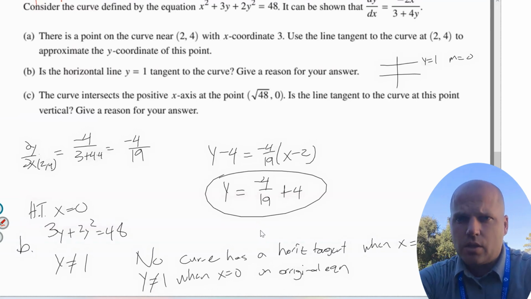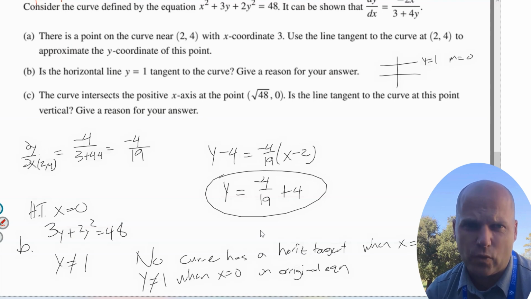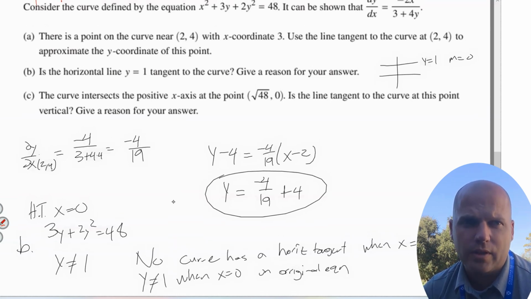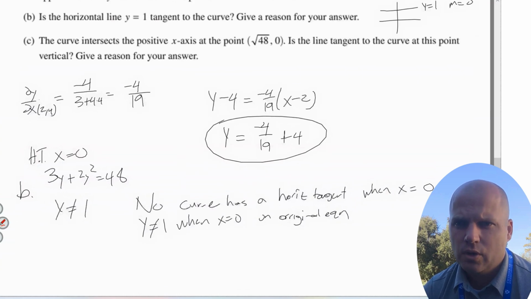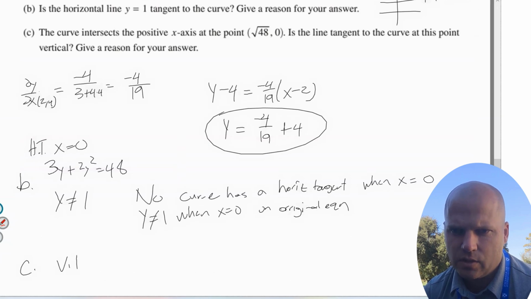Part C: the curve intersects the positive x-axis at the point (root 48, 0). Is the line tangent to the curve at this point vertical? Okay, well, they're giving you a point. So for part C, you should be able to say, a vertical tangent, you have to explain it.